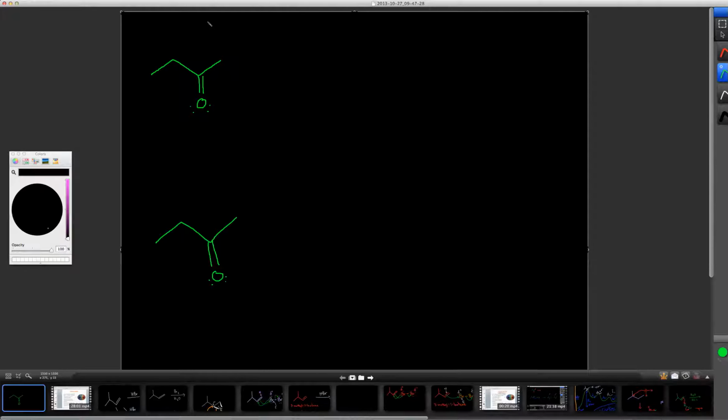One is called acid-catalyzed, and it tends to be the more popular of the 2 because of the nature of these nucleophiles. When you have a weak nucleophile, like water, like cyanide ion, like ammonia, you need to kickstart this reaction by making the carbonyl carbon more electrophilic.